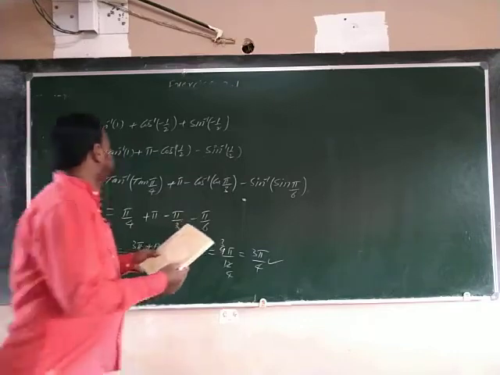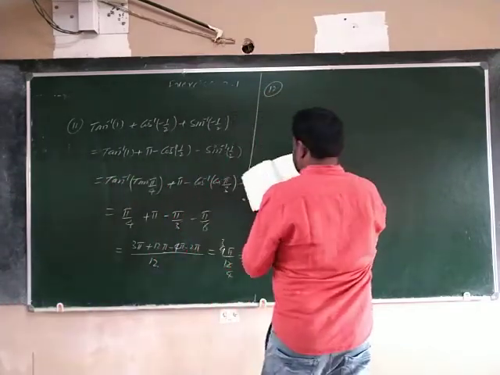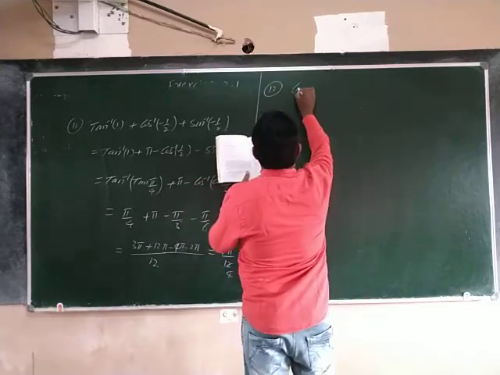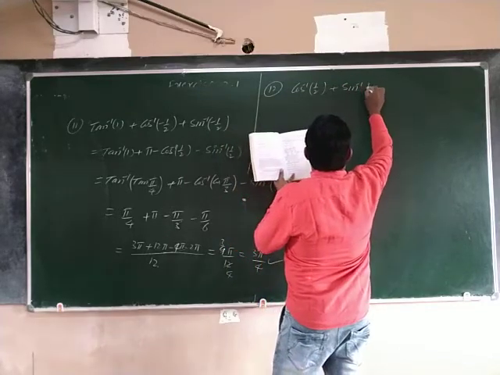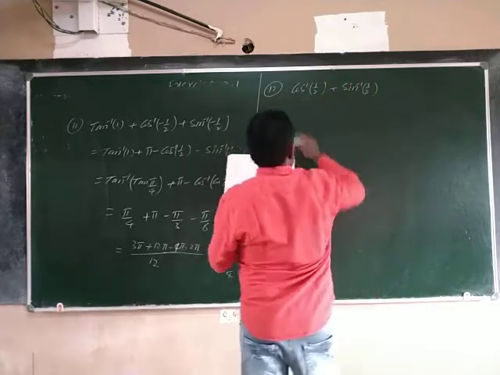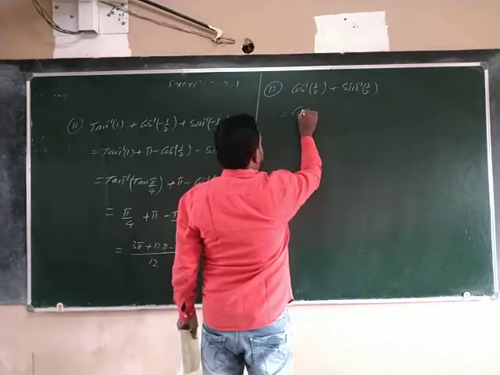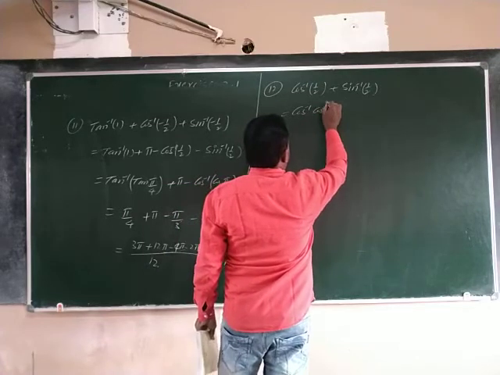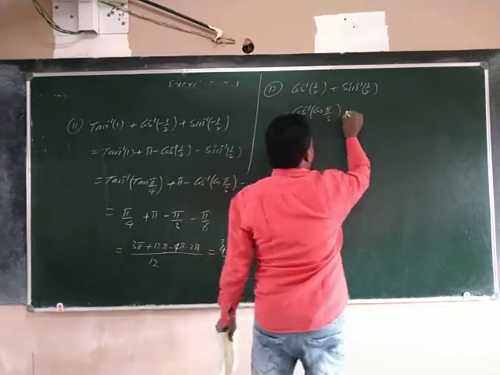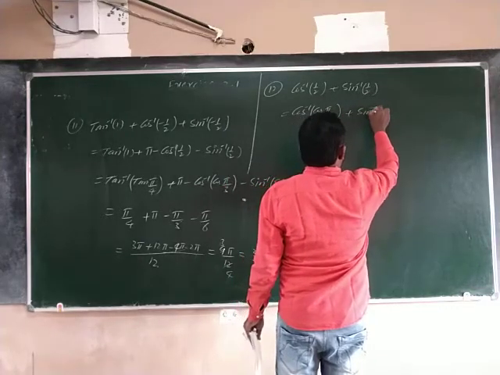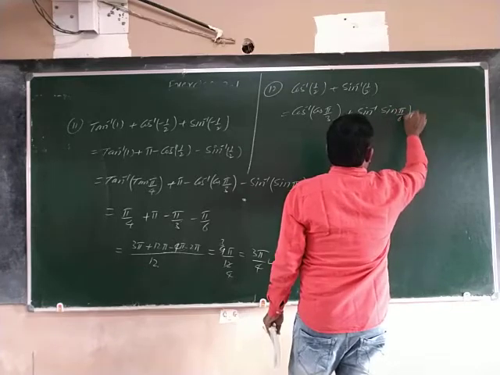Okay. Now 12th question: cos inverse of 1 by 2 plus sin inverse of 1 by 2. This is equal to cos inverse of cos, 1 by 2 is 60 degrees, so pi by 3, plus sin inverse of 1 by 2, which is sin 30 degrees.